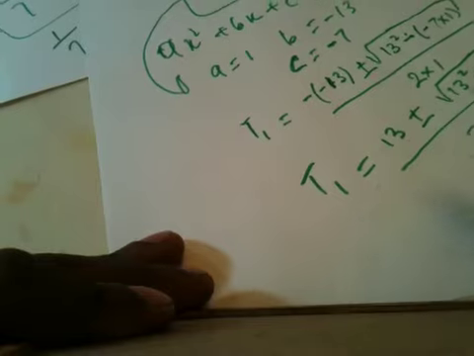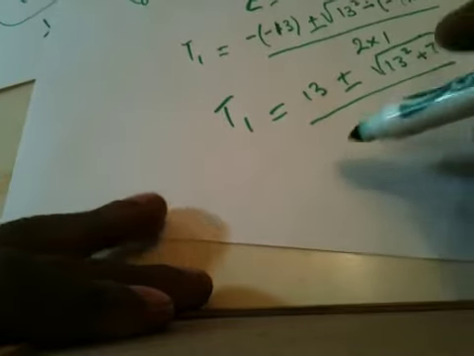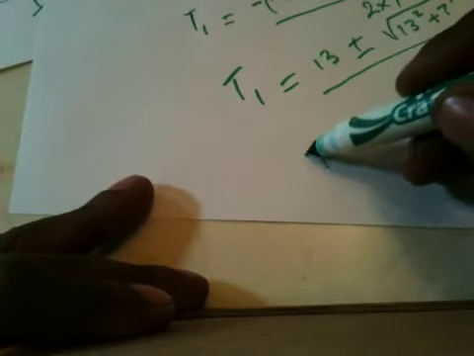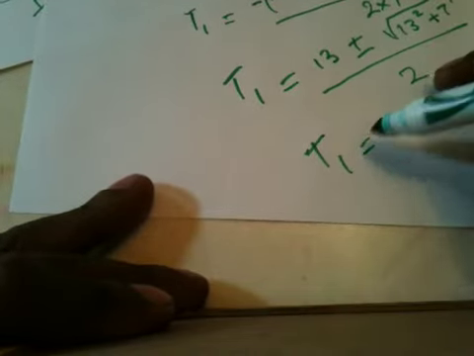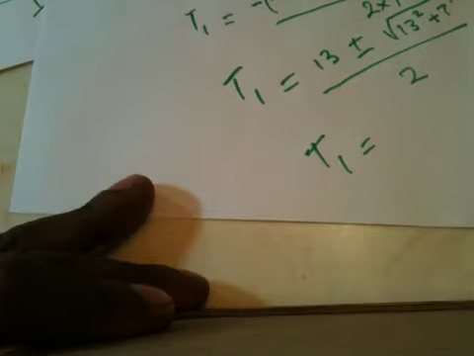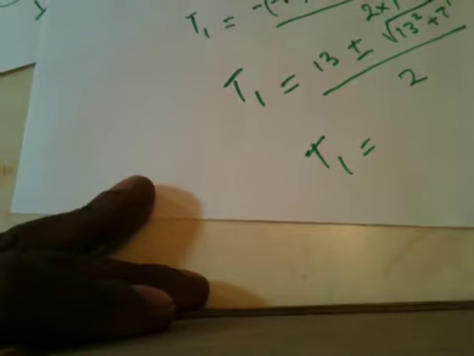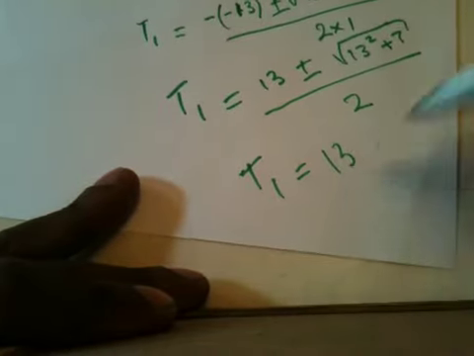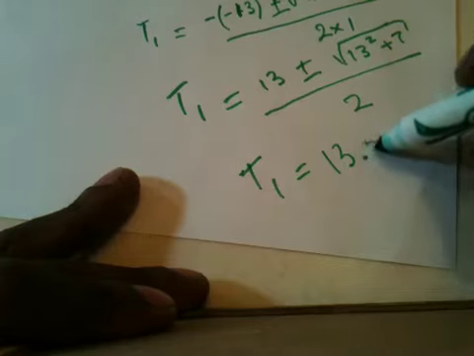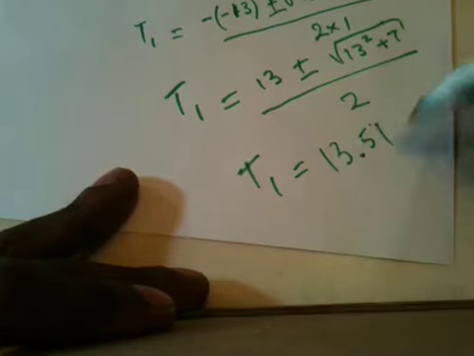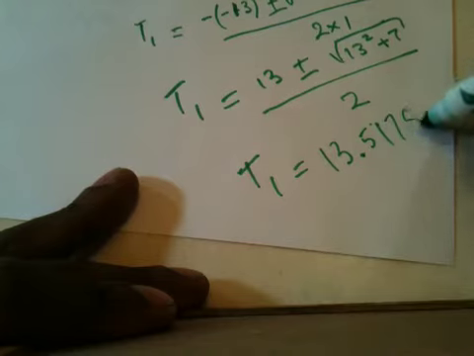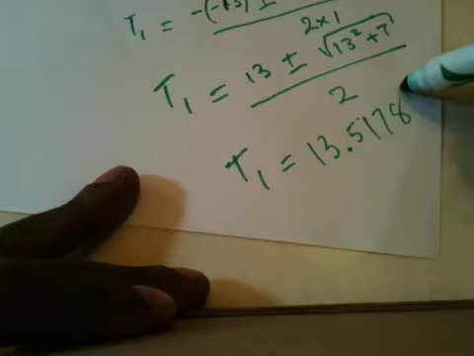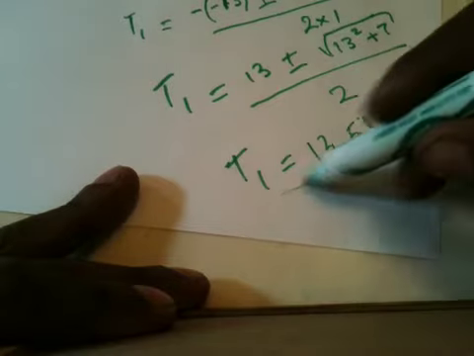When I compute this on the calculator, I have T1 is equal to 13.5178 hours. That's T1.